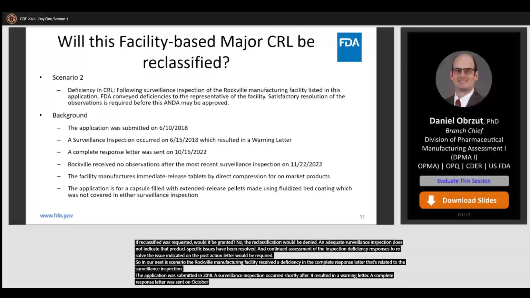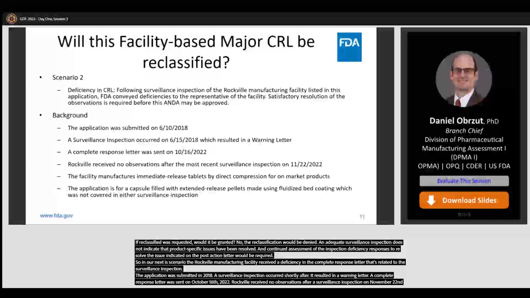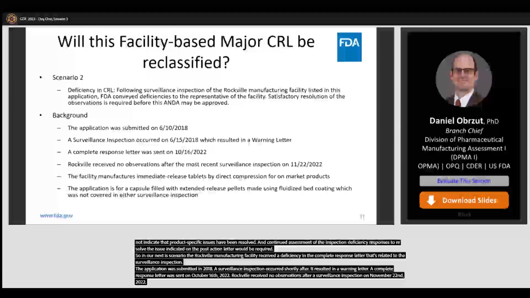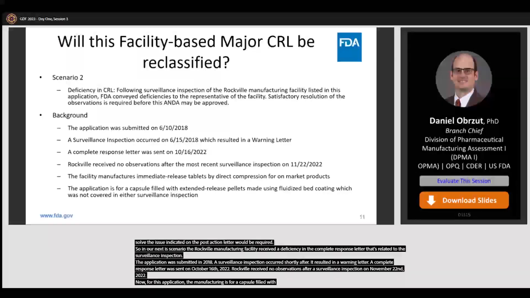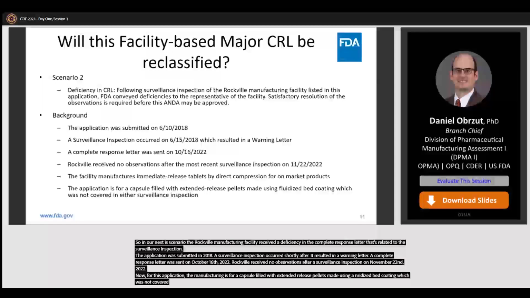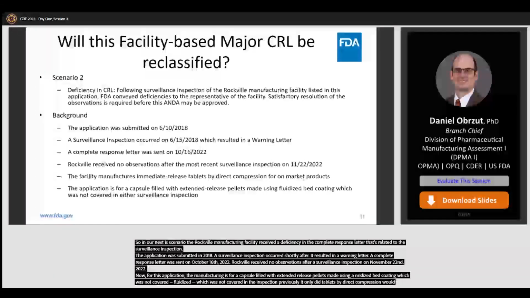Rockville received no observations after a surveillance inspection on November 22nd, 2022. For this application, the manufacturing is for a capsule filled with extended release pellets made using a fluidized bed coating, which was not covered in the inspection. Previously, the facility only manufactured immediate release tablets by direct compression. Would a reclassification request be granted in this situation?